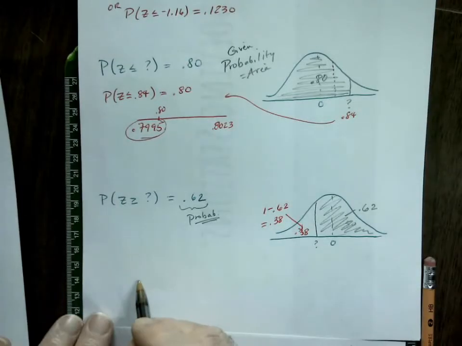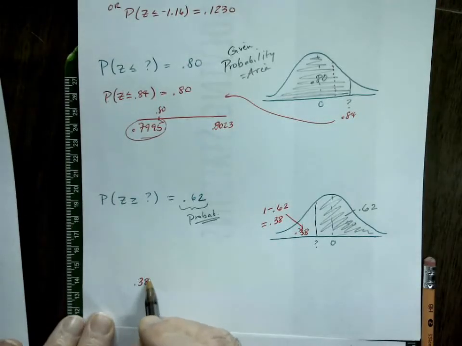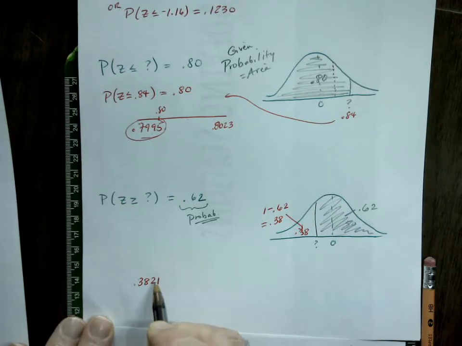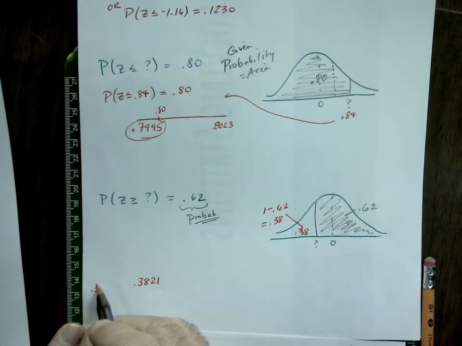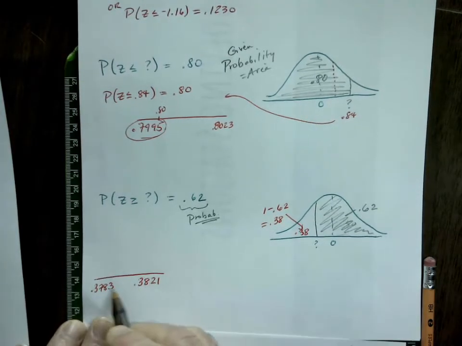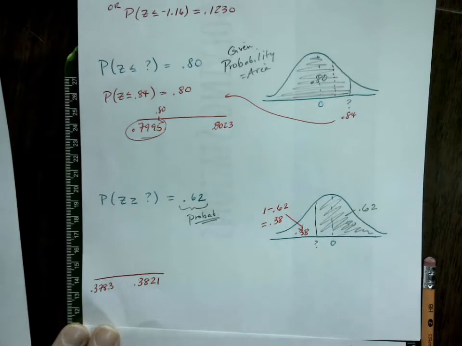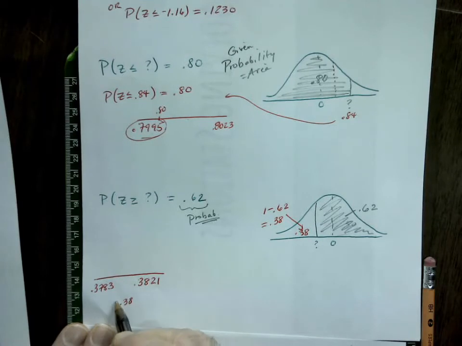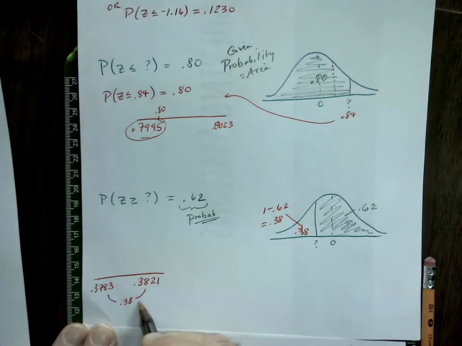So we're between 0.3821 and 0.3783. And I put that one to the left because on a number line technically it'd be to the left. So 0.38, where does that fall? If you think about it, that's 0.0021 you would have to add to get to this one.